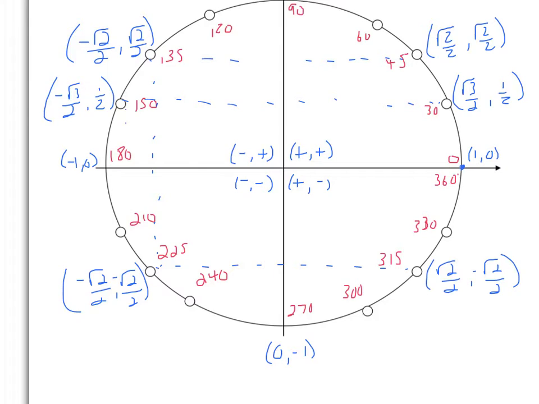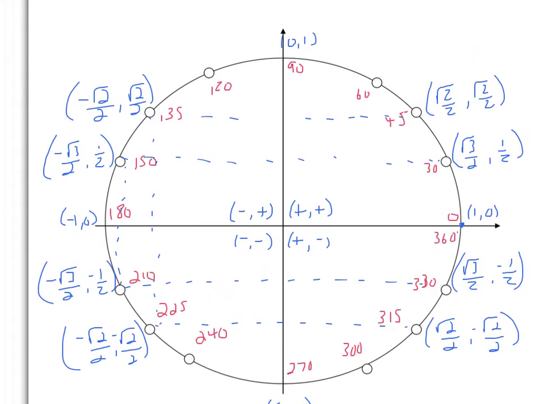I reflect that downward, and I have a negative root 3 over 2 and a negative 1/2. I reflect that across, and I have a root 3 over 2 and a negative 1/2.